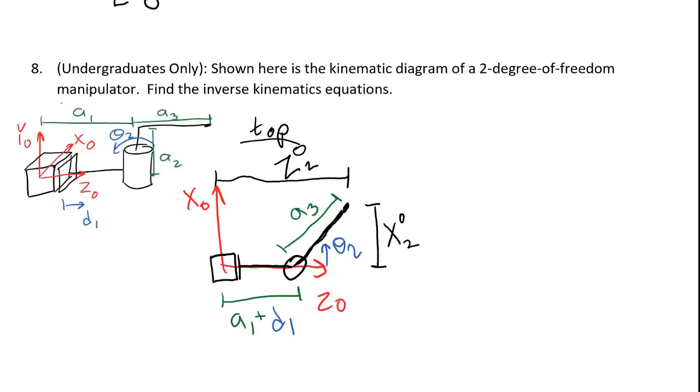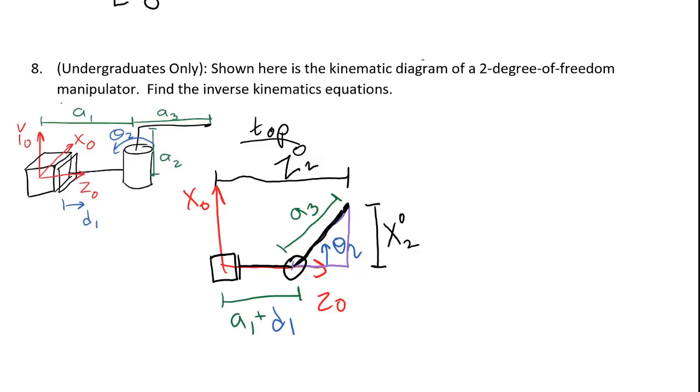Now, oftentimes we want to draw some triangles to help us find these equations. There is one triangle here that is likely to be useful to us. It's this triangle right there. The reason why this is likely to be useful to us is because some of the sides are known. We know A3 and we know x02. And one of the angles, theta 2, is a variable that we're looking for, that we're trying to solve for. So right away we can write one of the equations that we need.